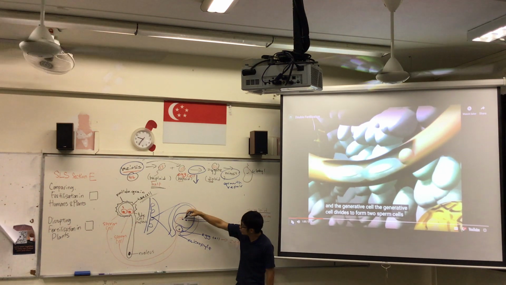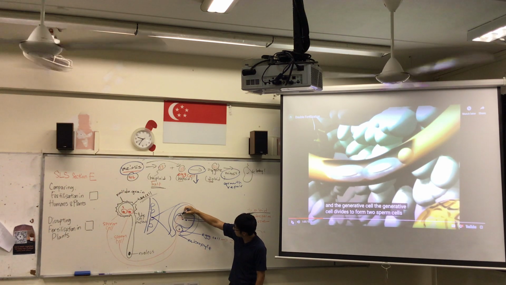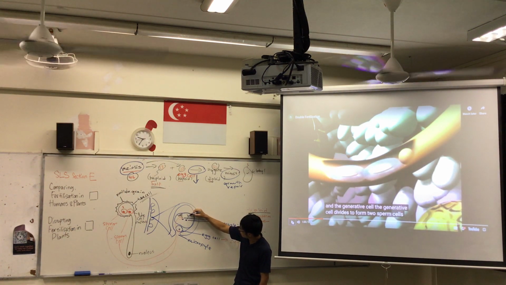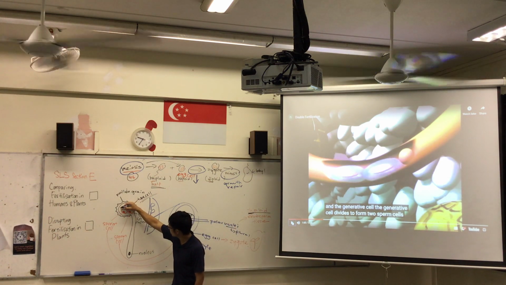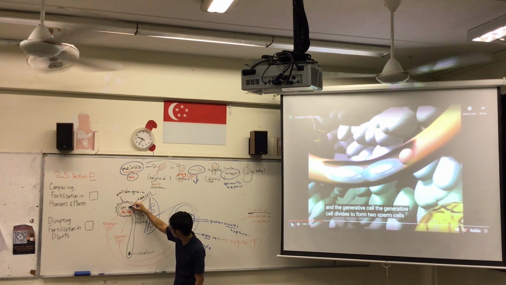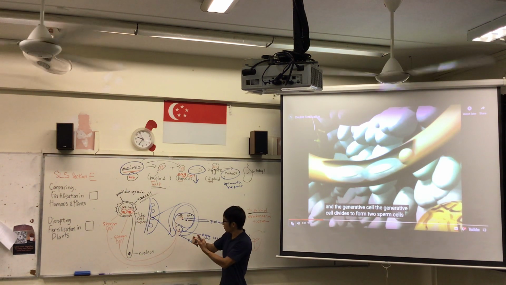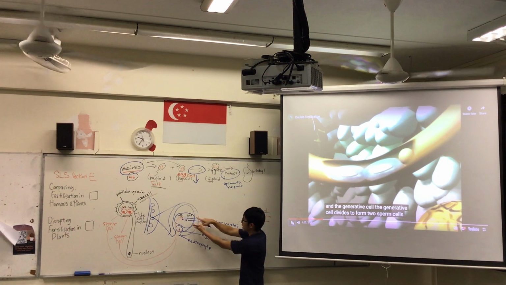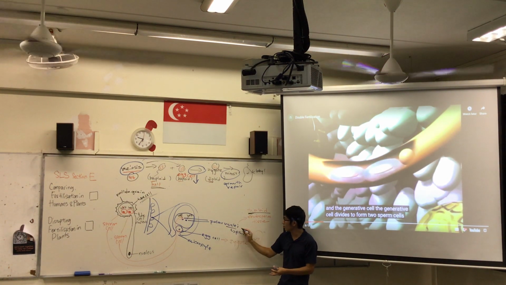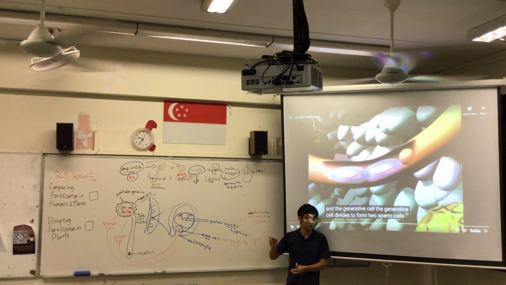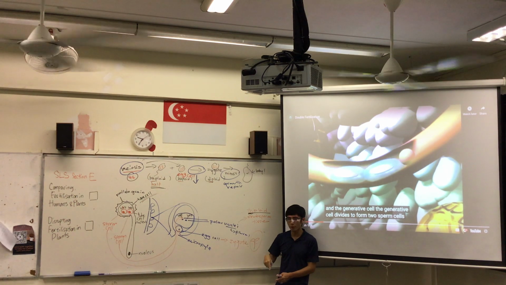Because each polar nucleus has half the amount of DNA, and the sperm also, all of them have half the amount of DNA, all of them are haploid. If you get 1 set, 2 sets, 3 sets, you end up getting a fertilized cell that has 3 sets of DNA: 2 from the polar nuclei, 1 from the sperm.